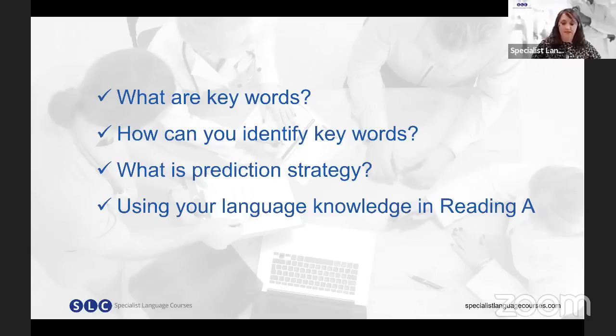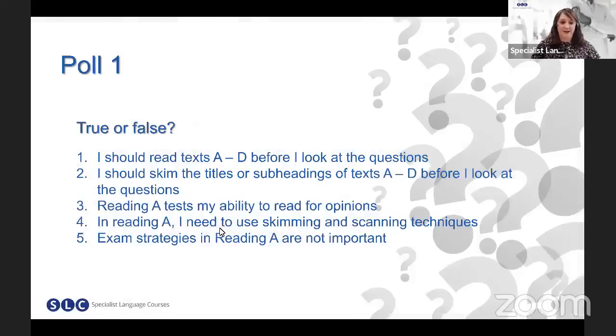All right, so we are going to do a little poll. I've got 5 questions for you about reading A. What I'd like you to do is pop your answers into the comments box and decide if each of these questions is true or false. Question number 1, I should read text A to D before I look at the questions.